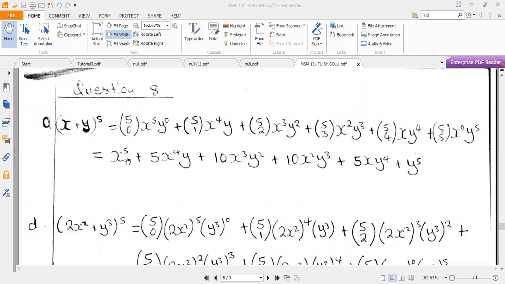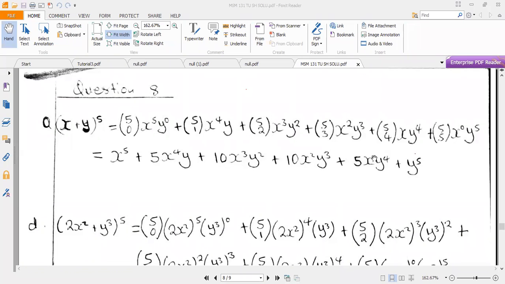So if you start finding these, you find that 5 choose 0 is 1. So the coefficient of x to the 5 and y to the power 0 is 1, so you remain with x to the 5. 5 choose 1 is 5, then you have x to the 4, y. Plus 5 choose 2 is 10, x to the 3, y to the 2. Plus 5 choose 3 is 10, x to the 2, y to the 3.